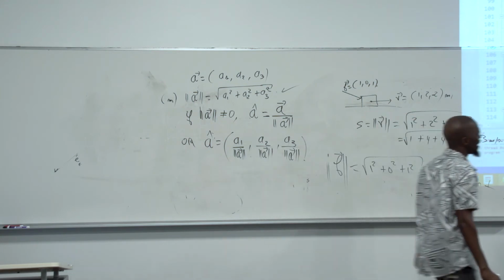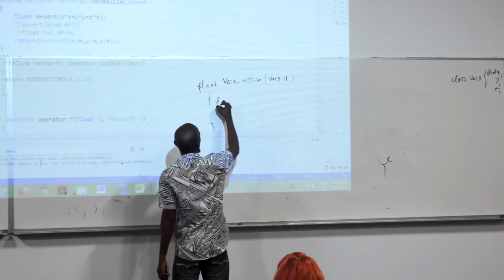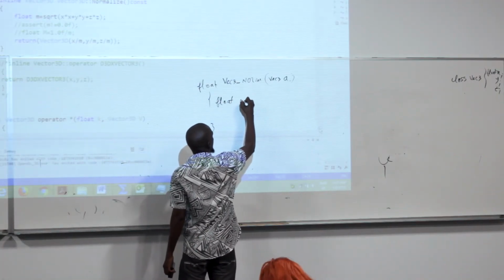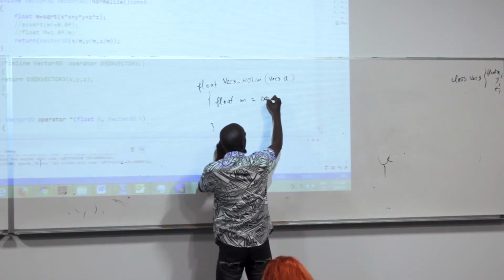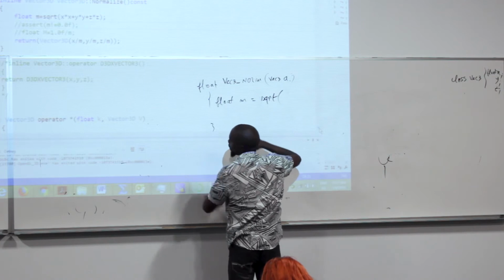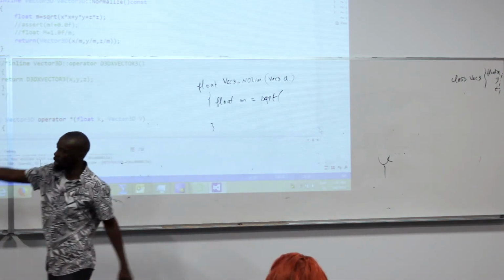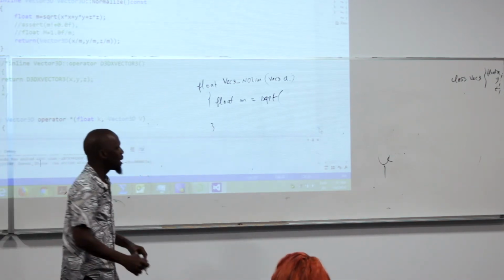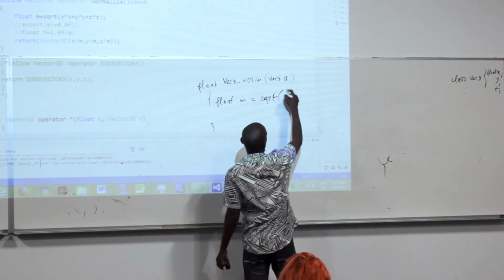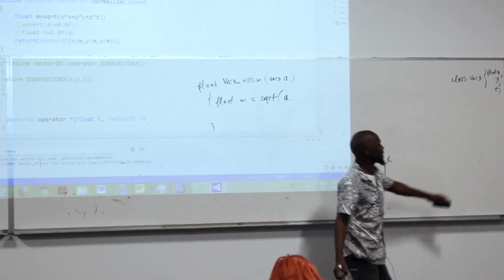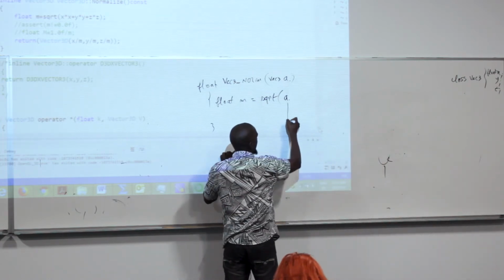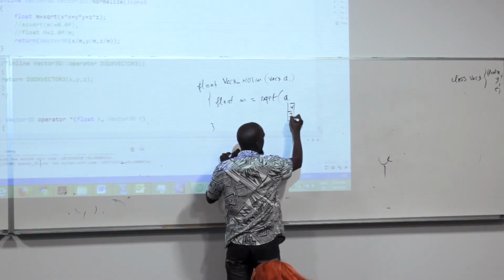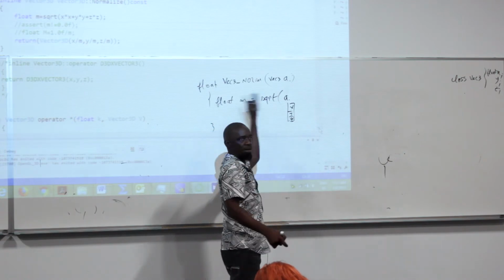I'm going to call this m, which is the square root, and in C++ that is sqrt, of a1 squared, which is a1 times a1. But in here my a is a x y z, so the IntelliSense is going to give me a drop-down list of the x y z, and I pick the x because a1 is for x.